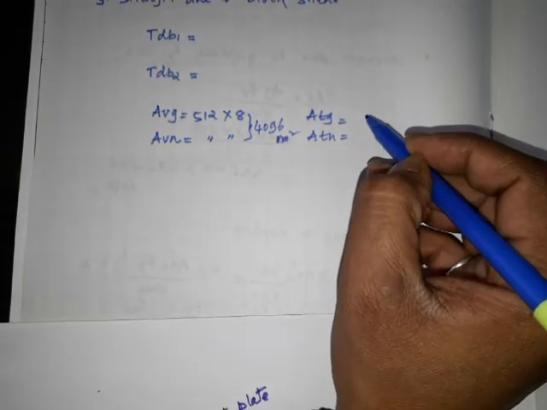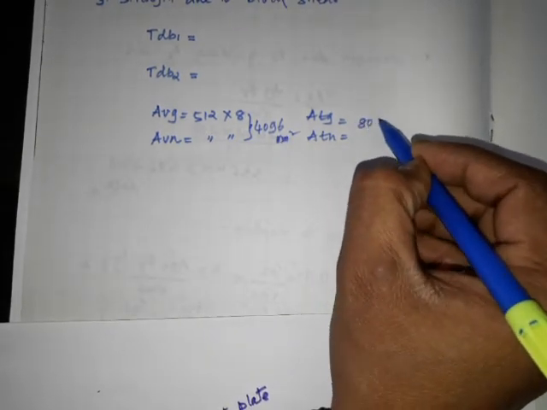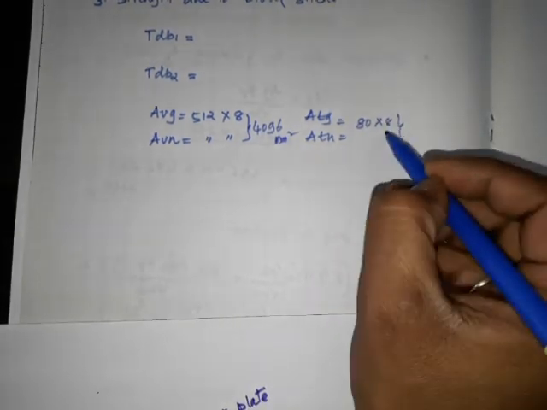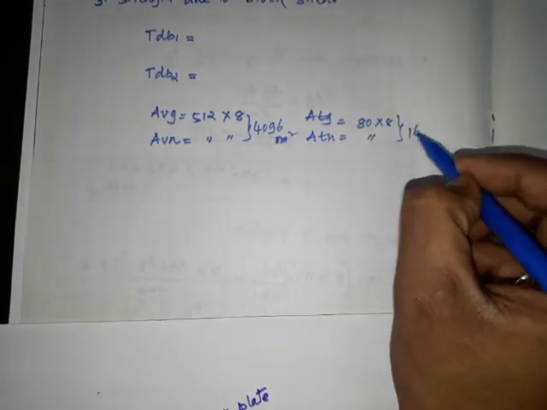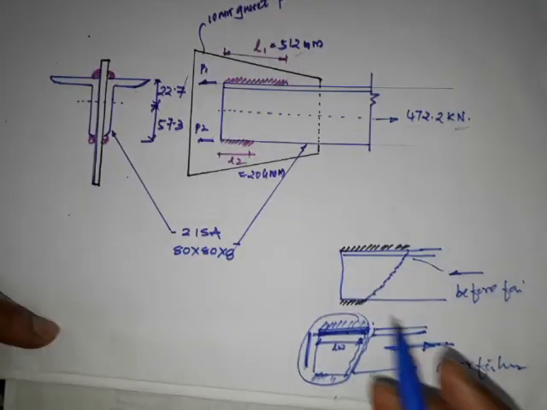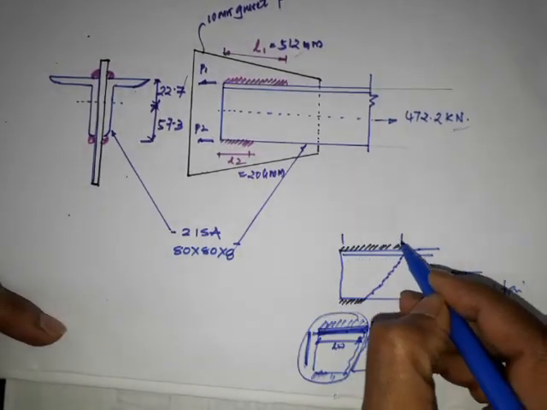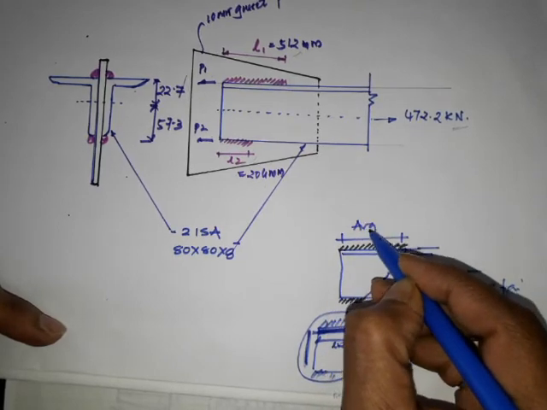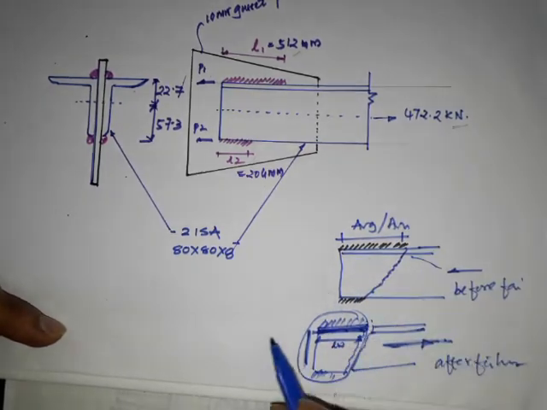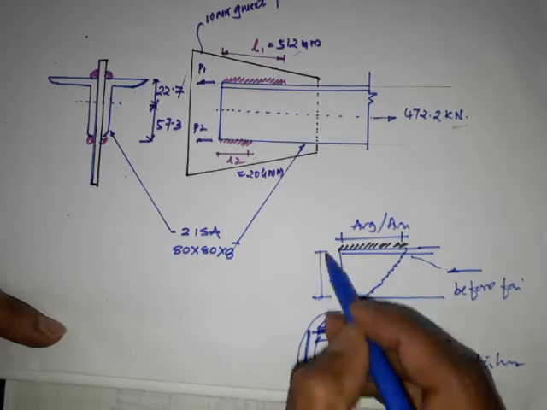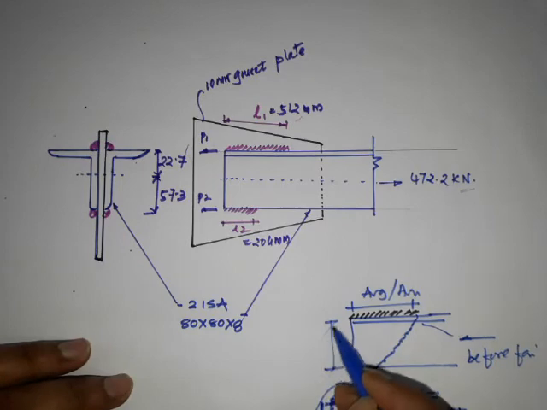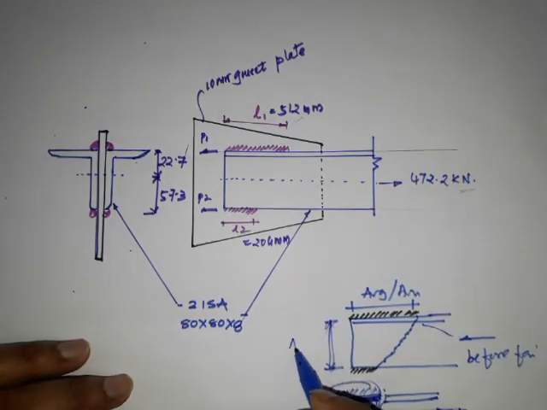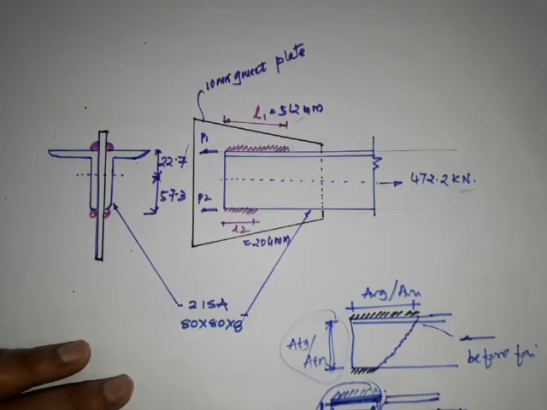And in the same way for ATG, ATN, it will be 80 into 8. So for both we get the same, 160 mm square. So this is for the consideration of AVG and AVN, and when you consider ATG and ATN, we can consider this.